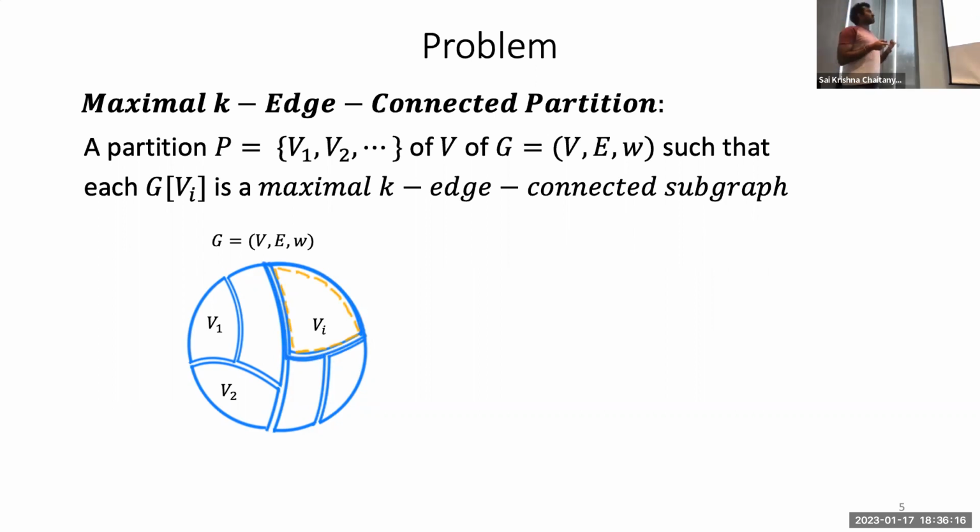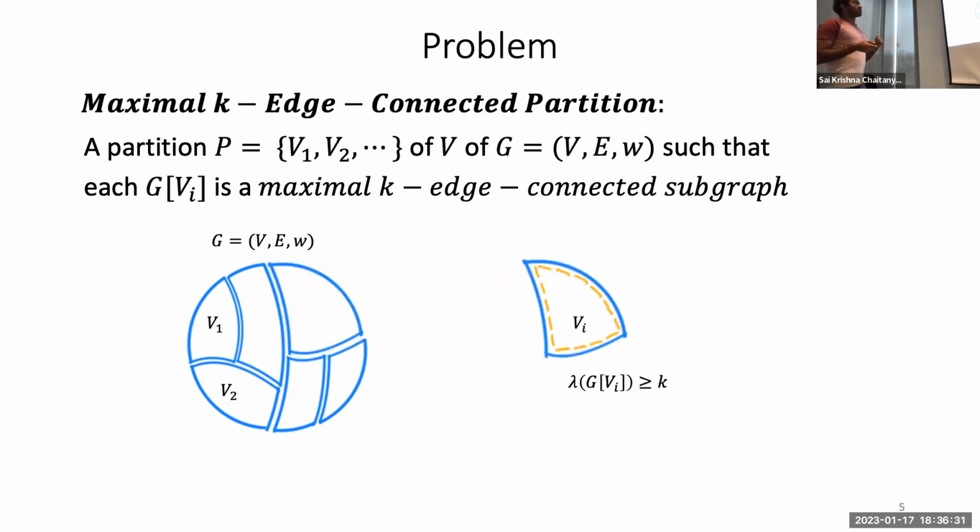From now on, because any maximal cage connected subgraph is an induced subgraph, I'll use the induced notation. That means the lambda of the graph induced on this set is at least K, and that is true for each and every part.